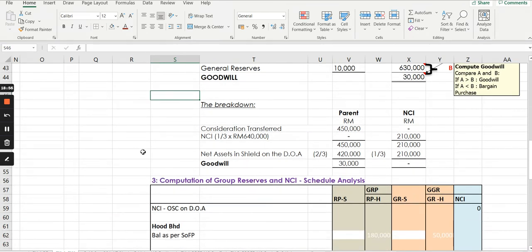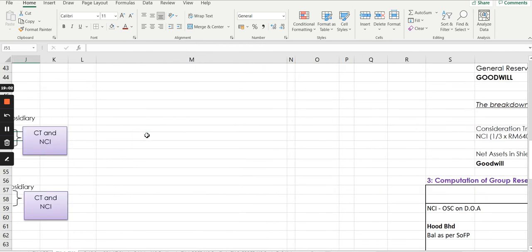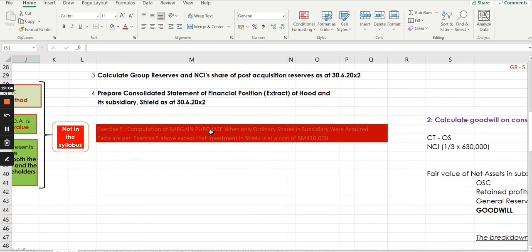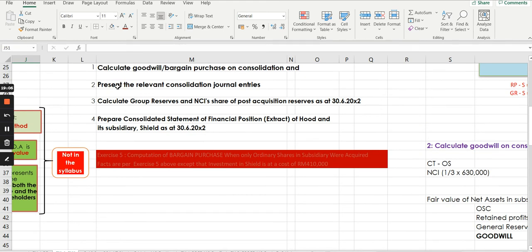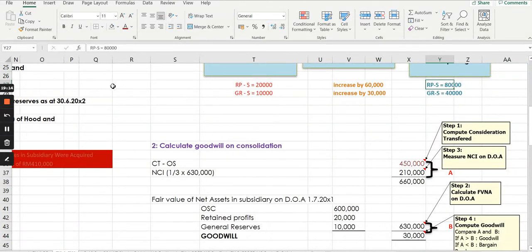And now we are going to do the next one, which is to do the consolidation journal. I'm always trying to advise you that if you want to understand better, it's good that you present the relevant consolidation journal. Here is a requirement for this question. So the consolidation journal will be one for the calculation of goodwill. I've already done that.